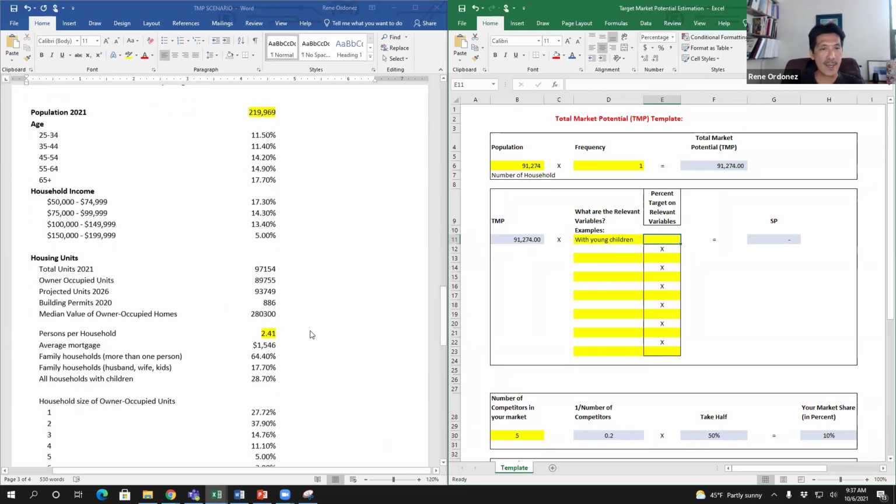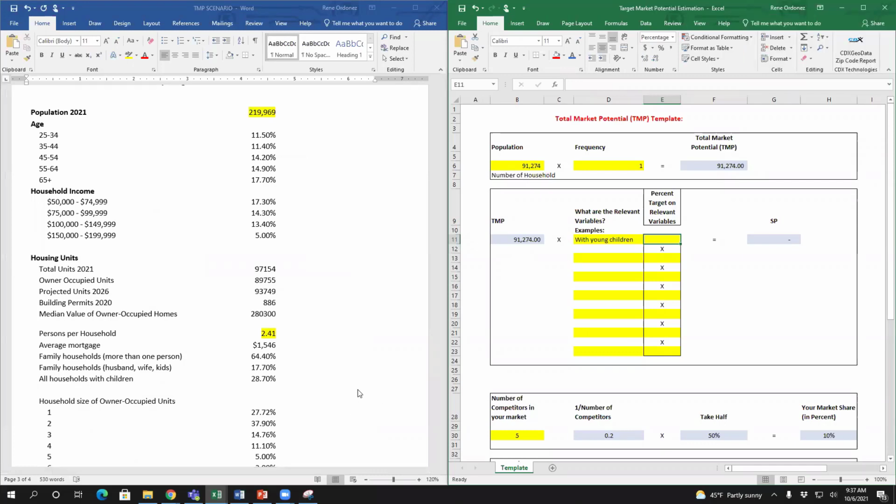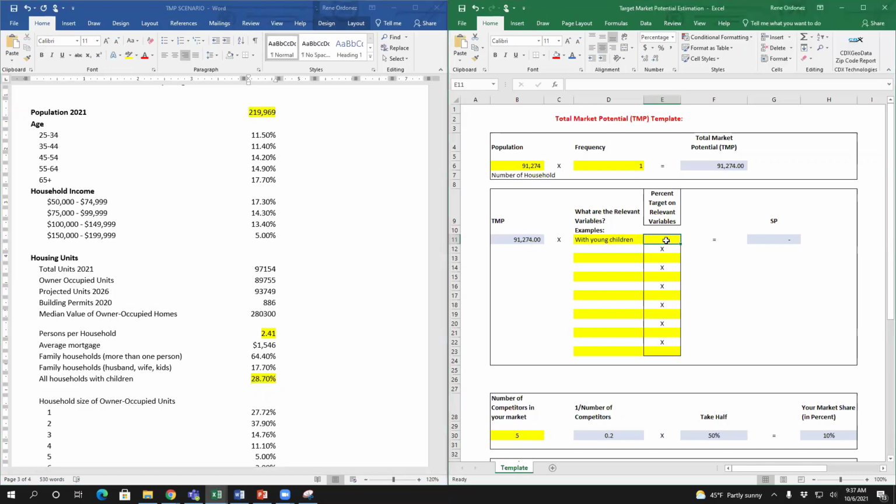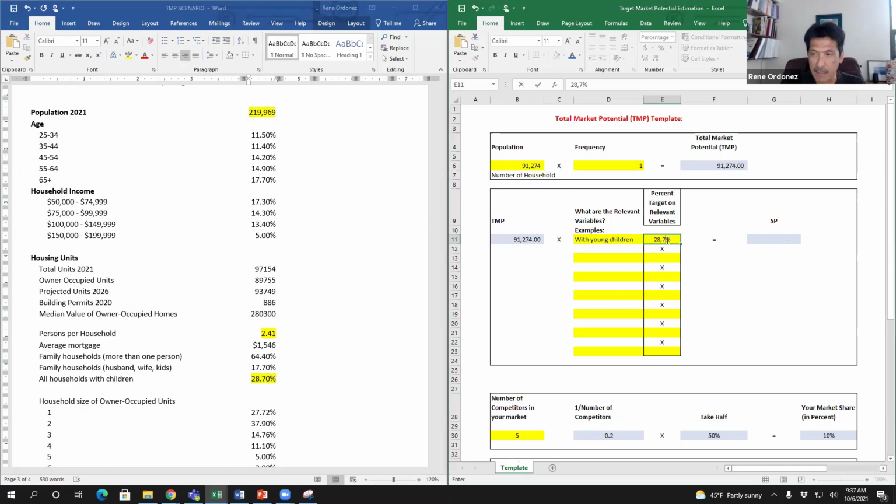Do we have that information in the scenario? Yes. Where is that? The very bottom, right before household size. Okay, so we'll put that here: 28.7%.